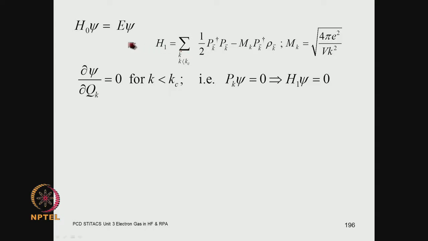So, now we have got these two results: h0 psi equal to E psi, which is the original Schrodinger equation, and h1 psi equal to 0. So, you can add this relation to this equation. What does it give you? That h0 plus h1 psi equal to E psi.